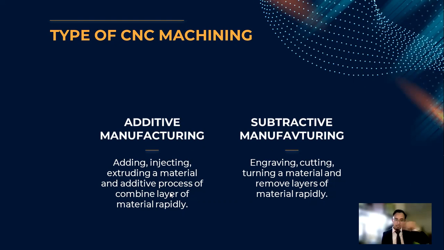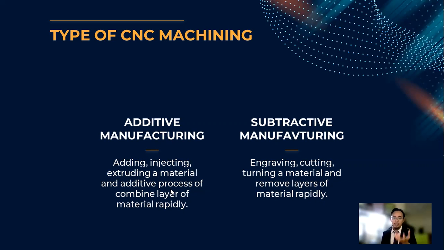The material is injected out and added layer by layer until we get a product. It is different from subtractive manufacturing. Subtractive manufacturing is a process of engraving, cutting, turning a material and removing layers of material rapidly.